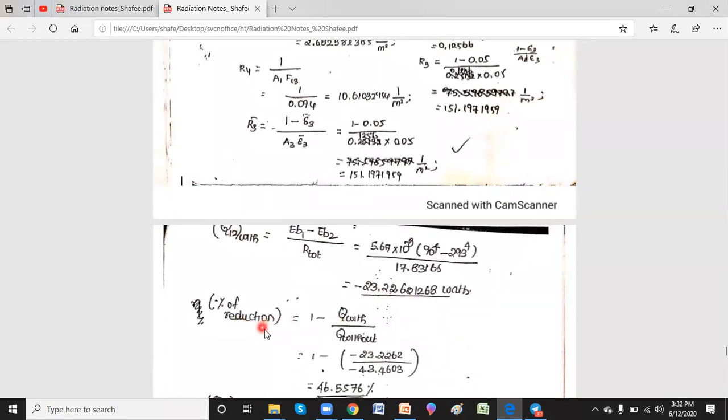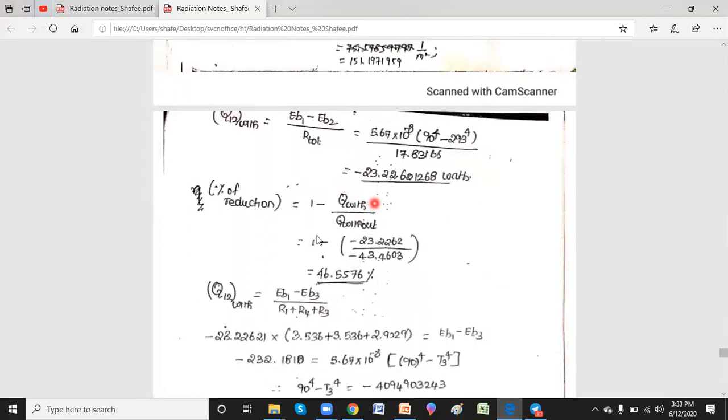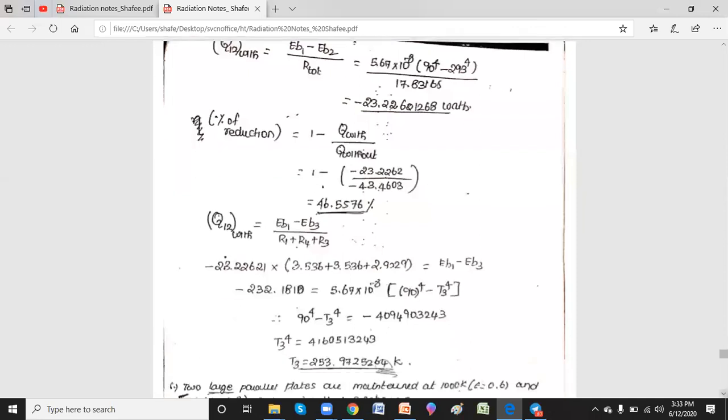And what is the percentage reduction between the room and cylinder once you have one more cylindrical wall enclosed? That is 1 minus Q with shield by Q without shield, so around 46.55%. In a similar manner, all the problems will be almost similar.